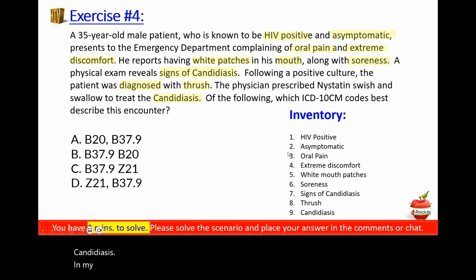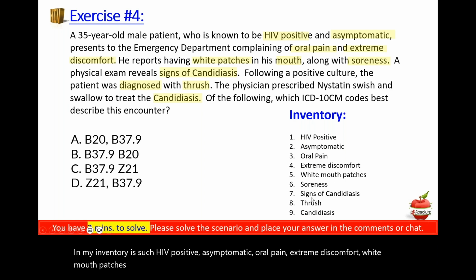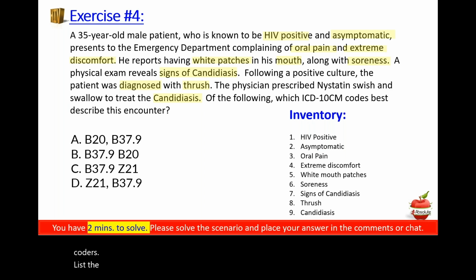And my inventory is such: HIV positive, asymptomatic, oral pain, extreme discomfort, white mouth patches, soreness, signs of candidiasis, thrush, and finally, candidiasis. All right, coders, list the diagnoses that we should keep. List all of the diagnoses in the chat.